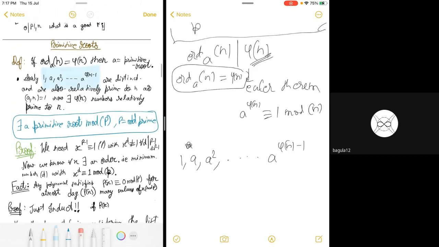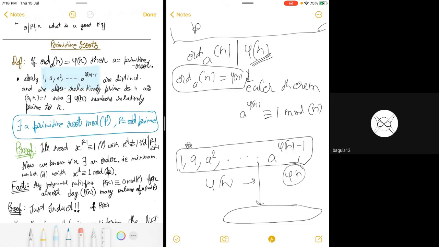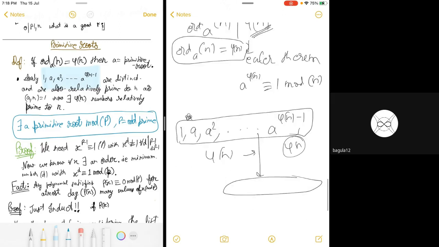That means, now how many numbers are there? There are phi of n numbers. And how many numbers are coprime to n? Exactly phi of n. So that means this set is exactly equal to the set of numbers coprime to n, modulo n.